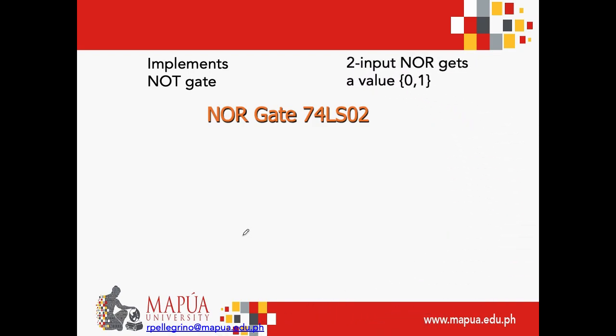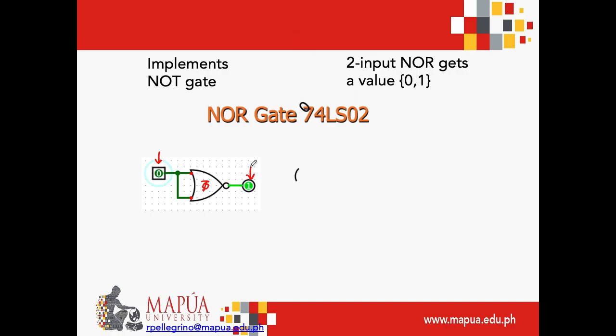So NOR gate 74LS02 can implement the NOT gate with the two input NOR gate of values 0 or 1. In this case, we have here the NOR gate with both inputs of the gate connected to the input values.